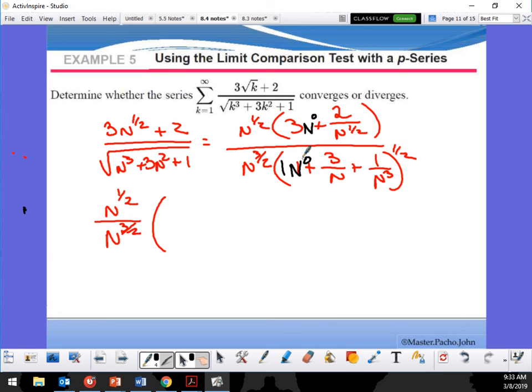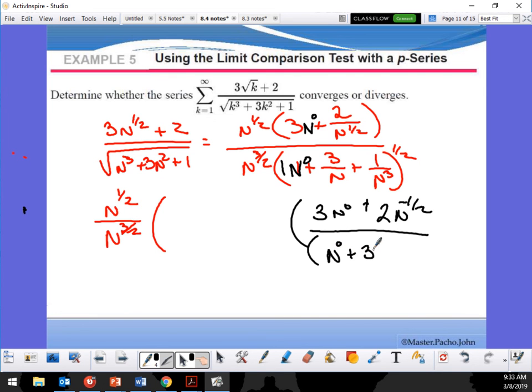If I were to rewrite the top, it's going to be 3 n to the 0 power plus 2 n to the negative 1/2 over my n to the 0 power plus 3 n to the negative 1 plus n to the negative 3, all to the 1/2.